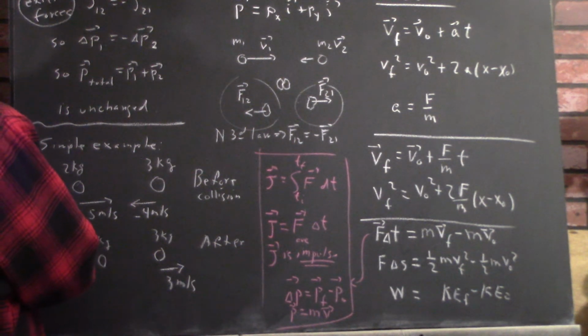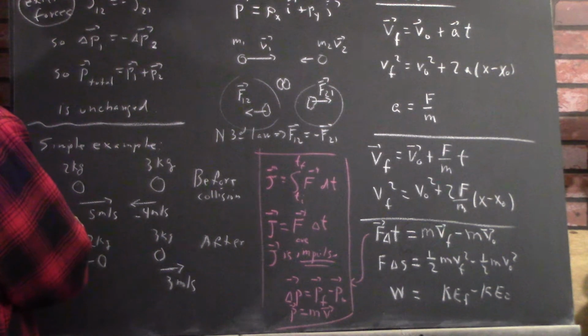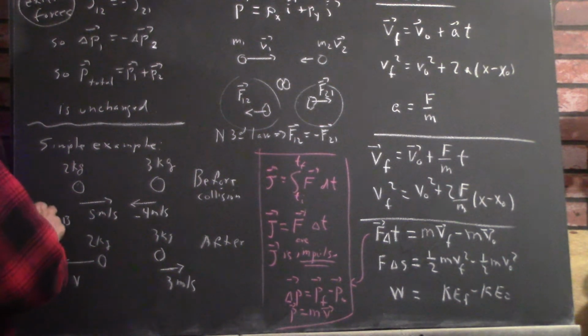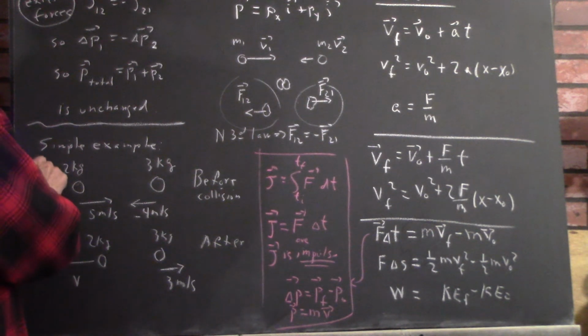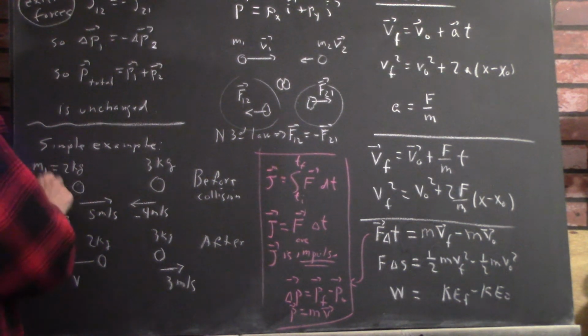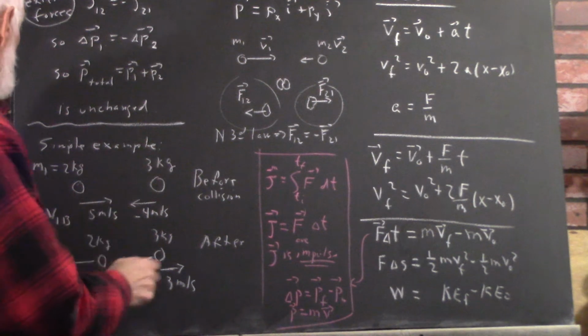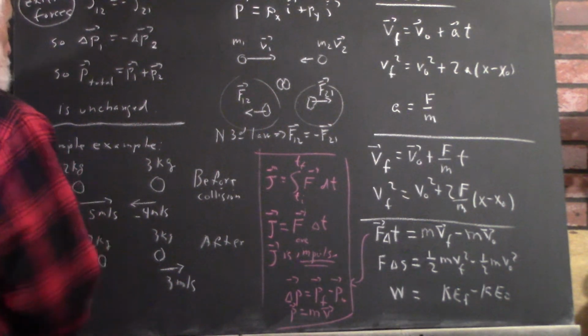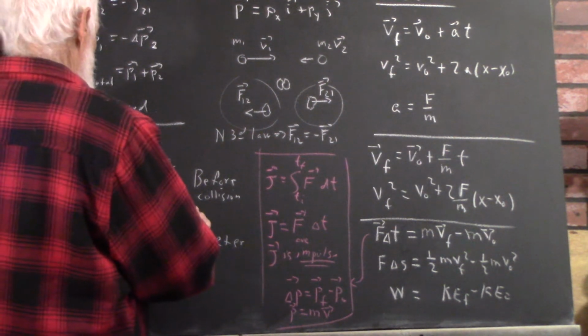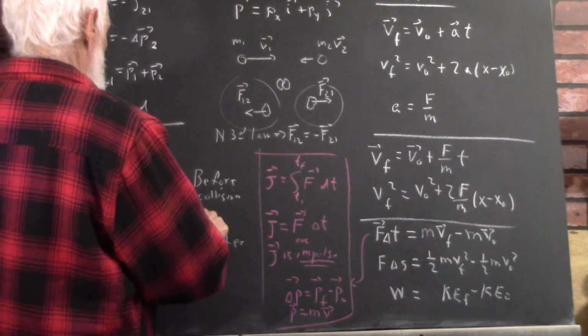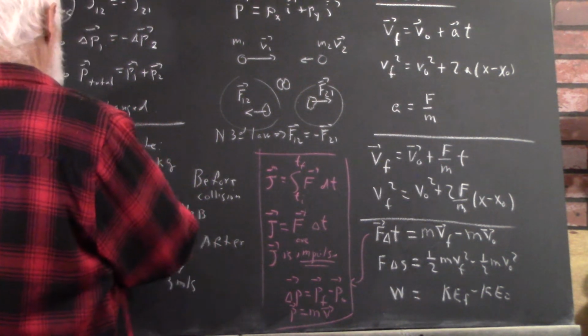Okay, so I'm going to call this velocity V1B, for the velocity of the first object before, and I'm going to call this 2 kilograms M1. So here's V1B, and here's V2B.